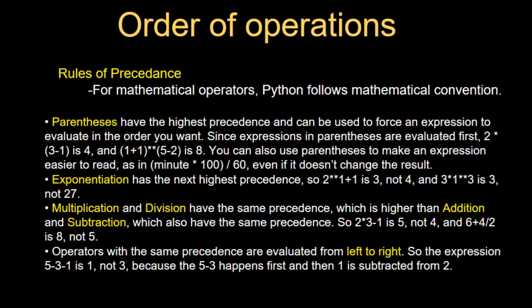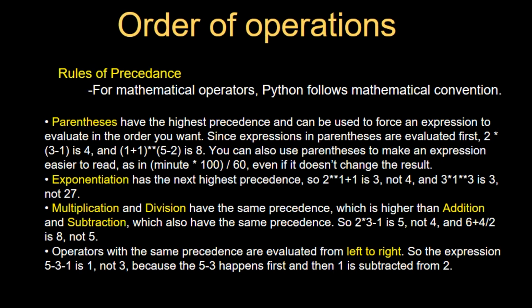And so parentheses have the highest precedence and can be used to force an expression to evaluate in the order you want. Since expressions in parentheses are evaluated first, 2 times (3 minus 1) is 4. That is 3 minus 1, 2. Then 2 times 2 is equals to 4.